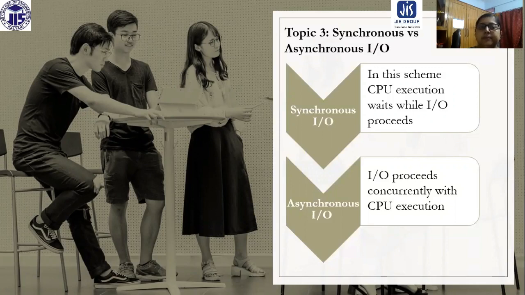Whenever we are talking about some communication, synchronization can be needed. Synchronization is basically what? Whenever some operation is performing, other operations are blocked in that situation. So until that particular input output operation is complete, the CPU execution is blocked.